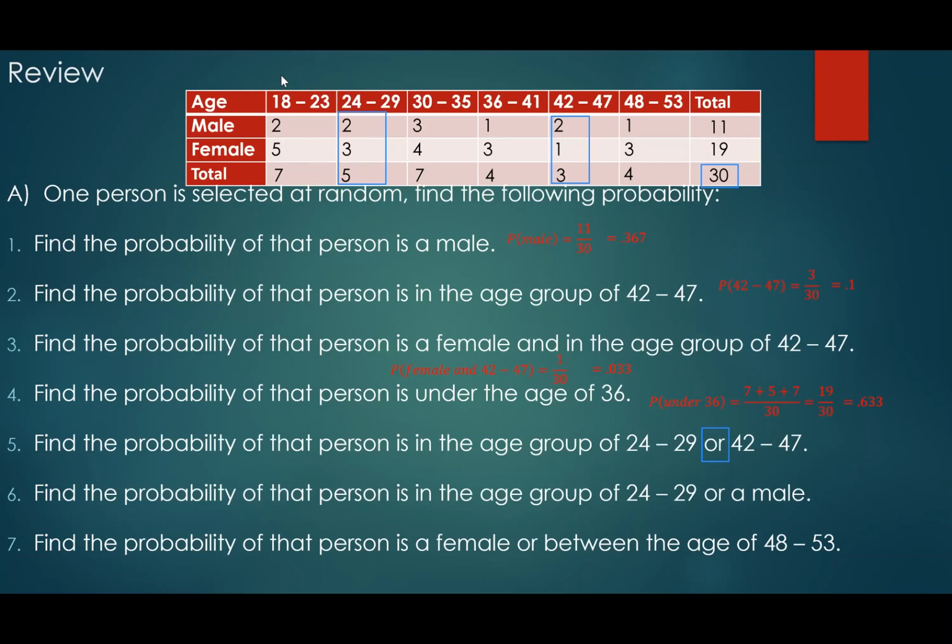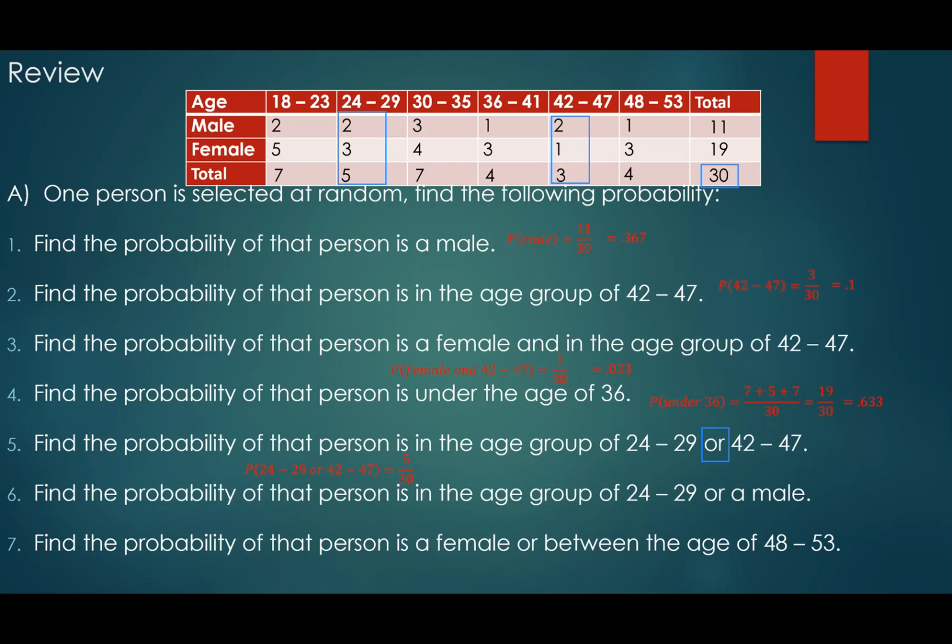If you look at this, no one fits both descriptions at once. You are either 24 to 29 or 42 to 47, never both. As you can see, the two items do not intersect, do not cross each other. So we know that this is a mutually exclusive event.